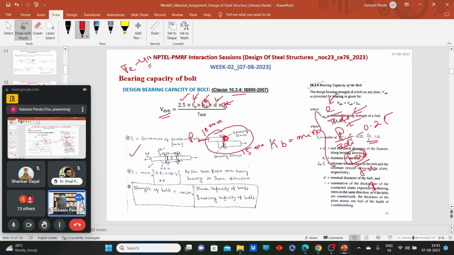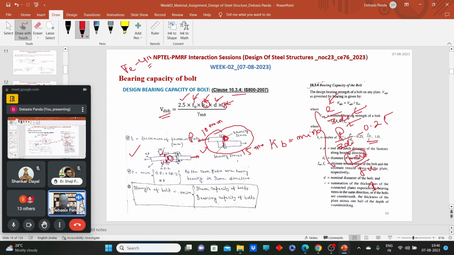So come to this double cover butt joint. When we apply the load, what will happen? The main plate will come into contact here and the cover plates will come into contact here. So we have two different bearing faces: one on the main plate, acting on the opposite side, and these two cover plates, acting on the same side.